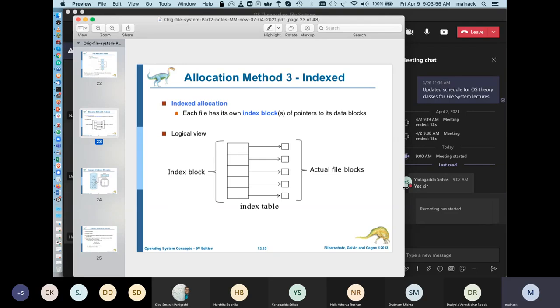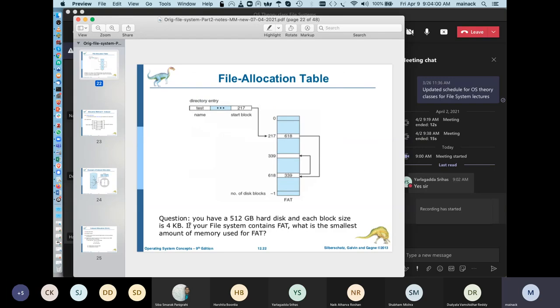And I think we gave this example or exercise yesterday: a 512 GB hard disk, each block size 4 kilobyte. If you do the math, for having the addresses of the indices, the FAT table size would be around 432 MB.